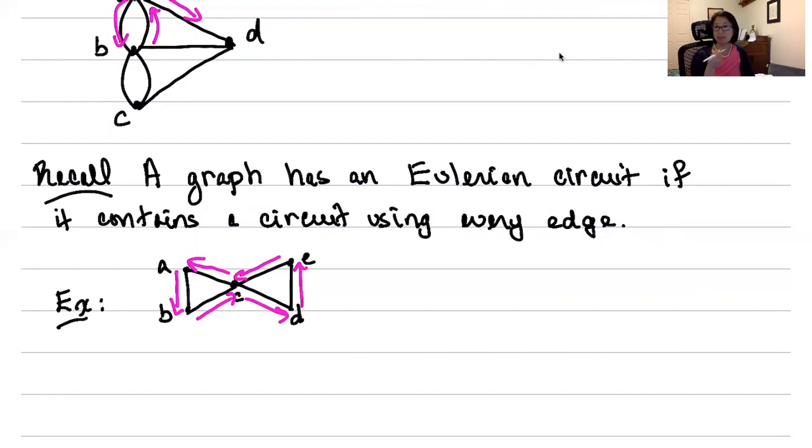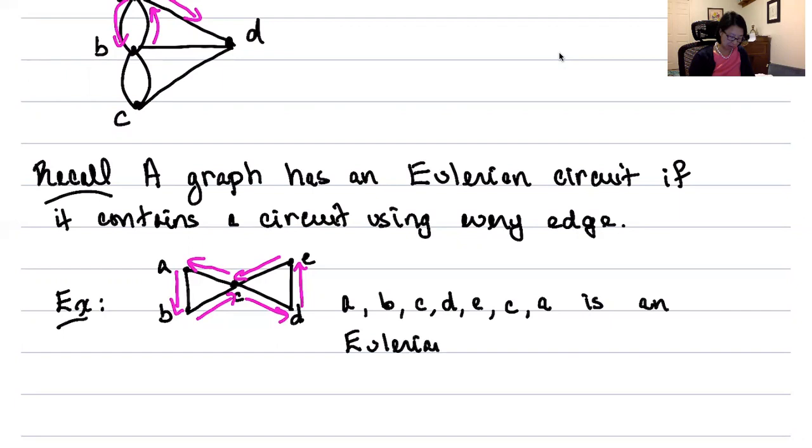Circuits can reuse vertices, they just can't reuse edges. So A, B, C, D, E, C, A is an Eulerian circuit.